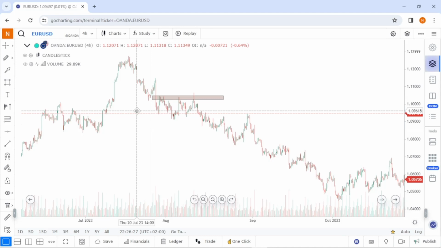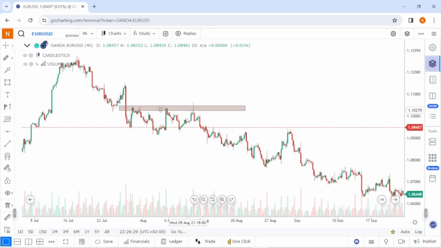Over here, this is where we place our resistance. After getting these two resistance areas, this is the second point where the market failed to break above. So that basically tells us that this is our resistance.